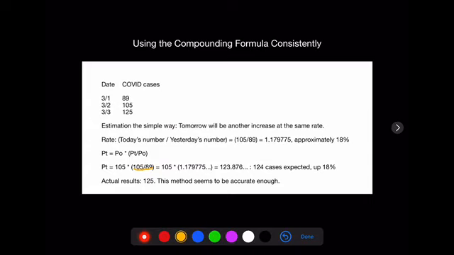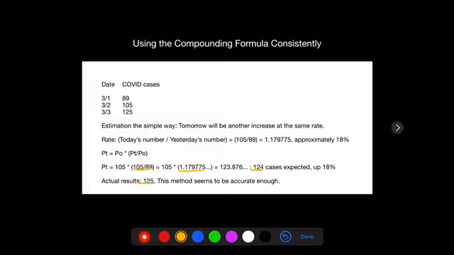That will give us the decimal version, and we multiply that by what we've got today, because we're expecting the change tomorrow to be like what the change was from yesterday. We get 124 cases, and we can compare that to the actual results.